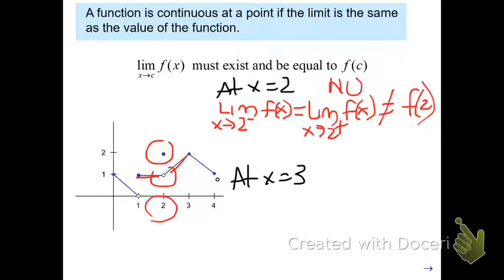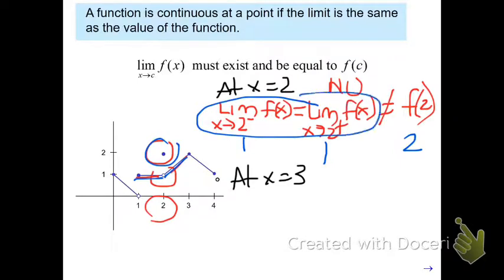The left-hand limit is 1, the right-hand limit is 1, but f of 2 is 2. Okay? Now, that's how I always justify it. I always just use all three parts because it's easier for me to remember. But in actuality, if the limit exists, and only if the limit exists, then these two pieces could be written as one piece. The overall limit at 2 does not equal f of 2, if that doesn't confuse you.